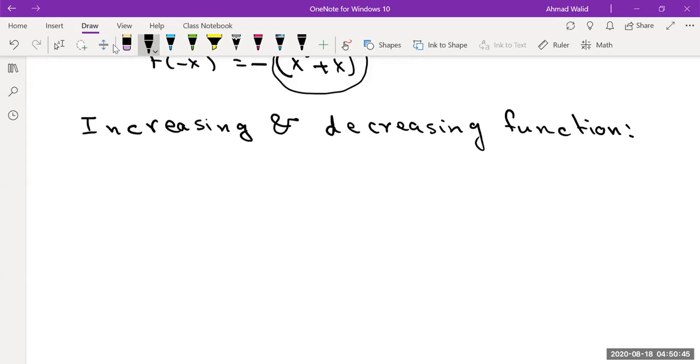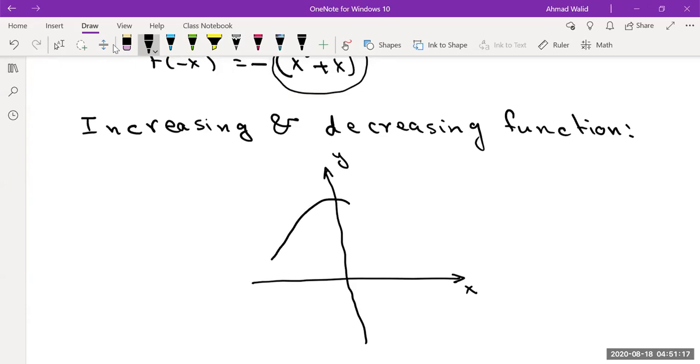How should I know if a function is increasing in a given interval or if a function is decreasing in a given interval? To understand that, let me use a simple graph here, and I'll explain how you can understand in which interval the function is increasing and in which interval a function is decreasing.